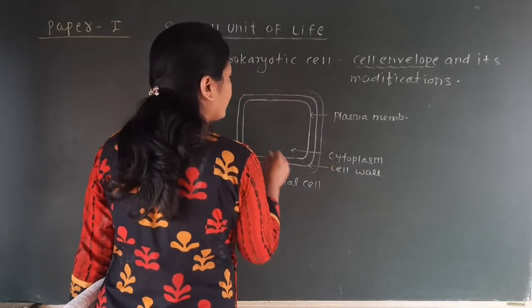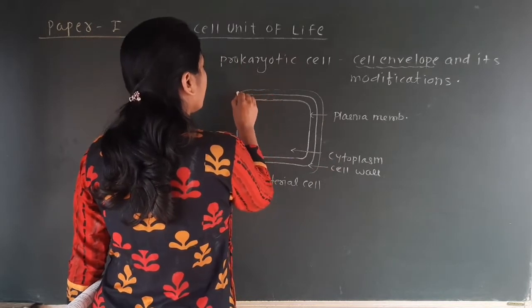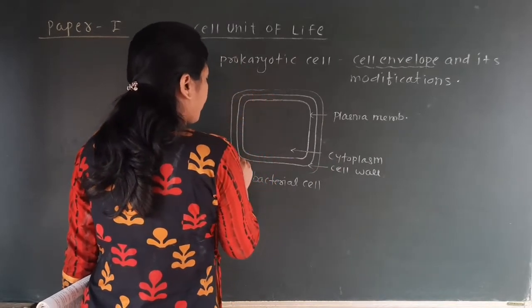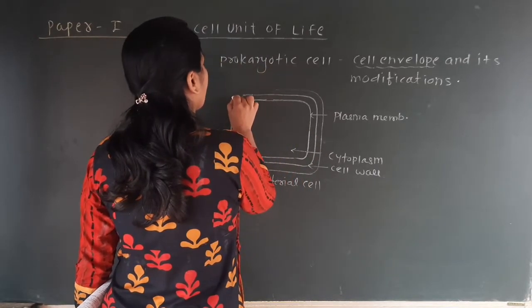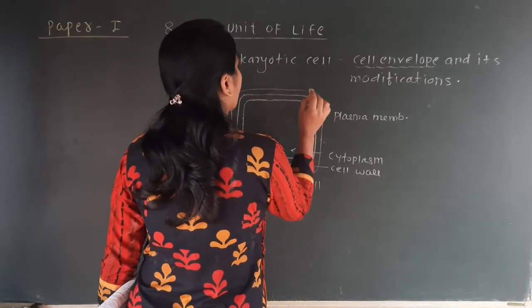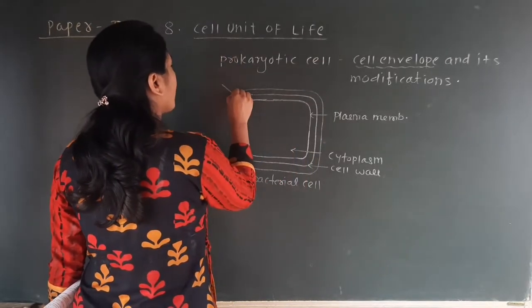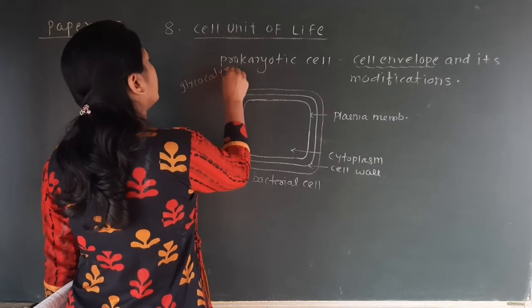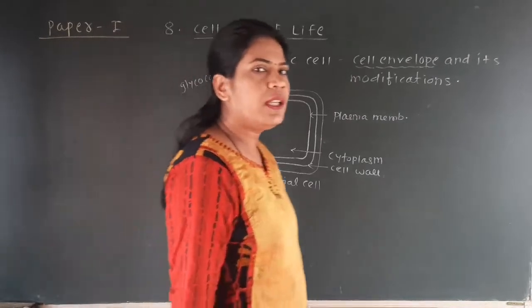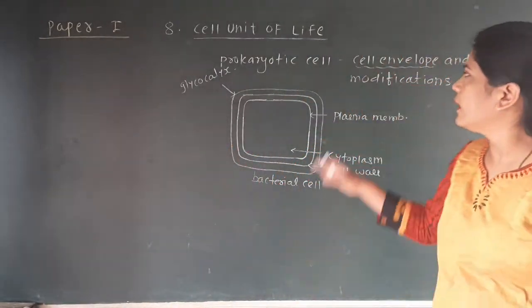So it is the outermost covering, and it is called the glycocalyx.